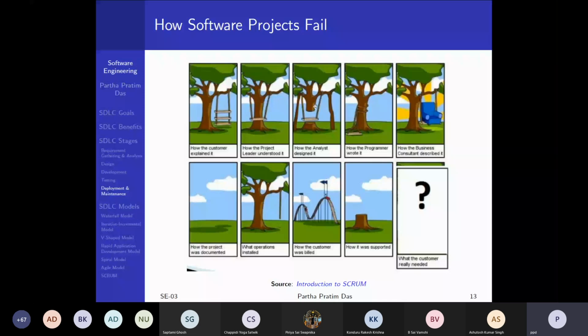And then finally, when the developer in the development phase actually wrote the code, this is how it turned out to be. Then the business consultant was there to check on your development, and the business consultant, being a businessman, did not think that it could just be a swing. It needs a sofa to be there. So there was a big gap on that.